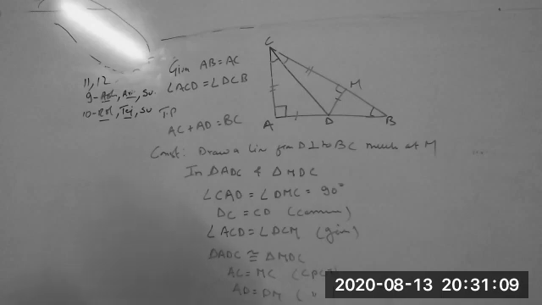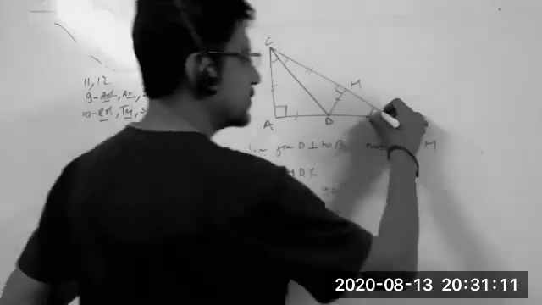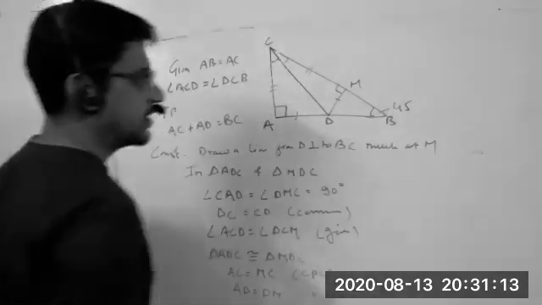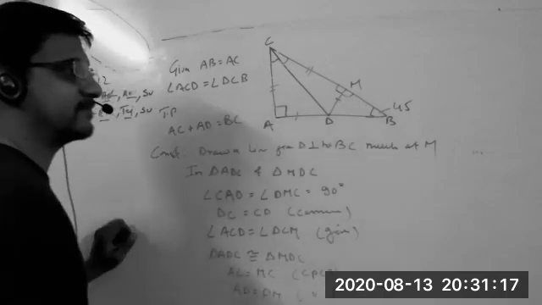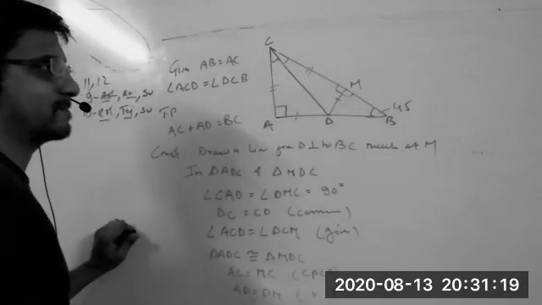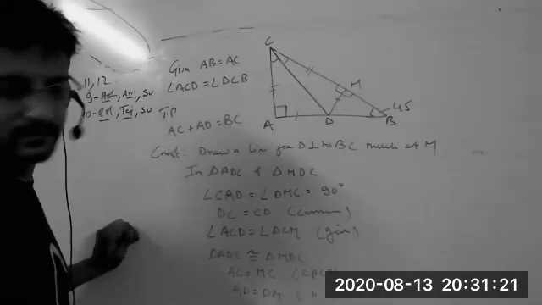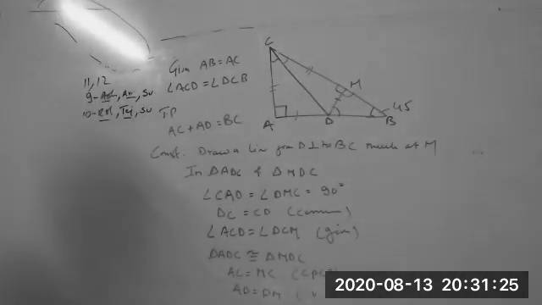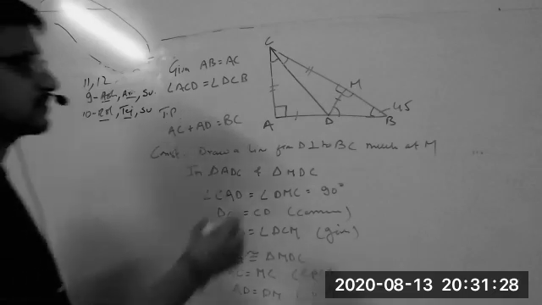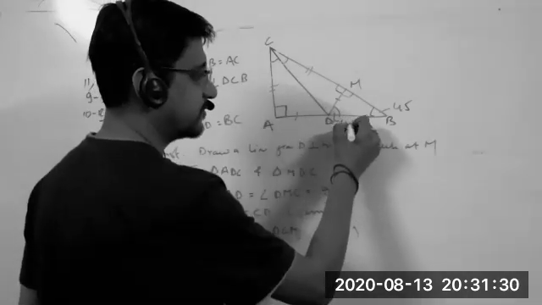Sir, 45. Yes, 45. Now, this is 90 degrees. Correct? So this angle will be equal to 180 minus (90 plus 45).